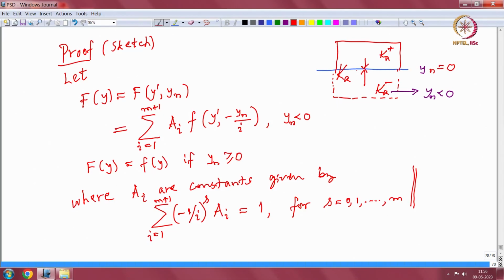Okay, you take the limit as y_n tends to 0, and then these coefficients will precisely satisfy this equation. So this is required for the continuity of this extension, and also continuity up to order m. Okay, so that's why, if we just want continuity, then reflection will do.